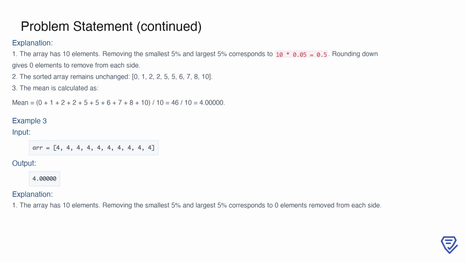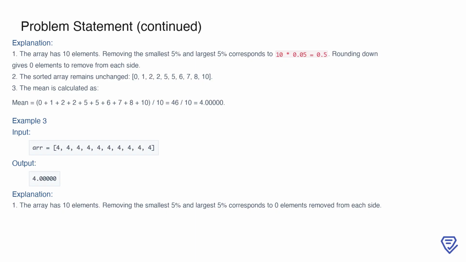Next, here's another example with the array 6, 2, 7, 5, 1, 2, 0, 8, 5, 10. This time, the array has 10 elements. Calculating 5% of 10 gives 0.5, and again rounding down results in 0. Therefore, no elements are removed from either side of the array.